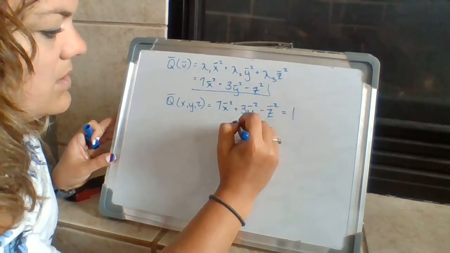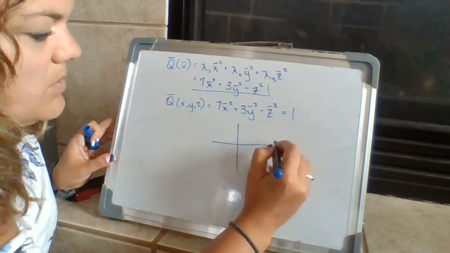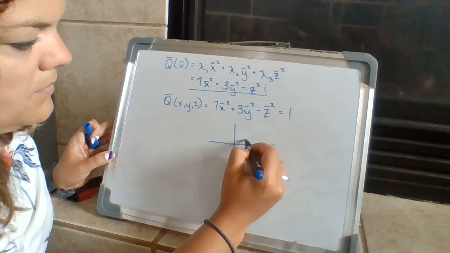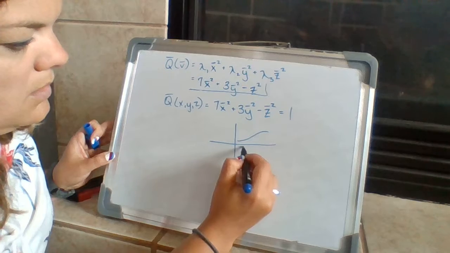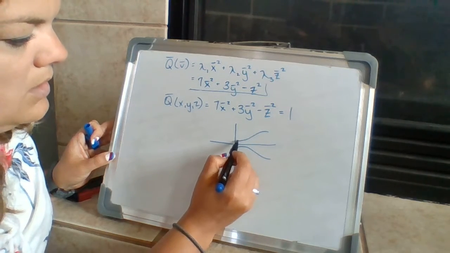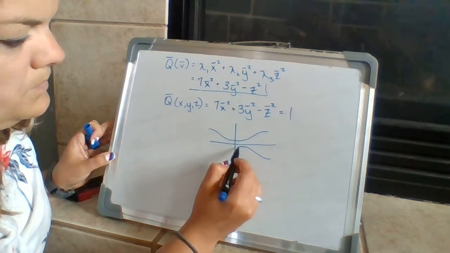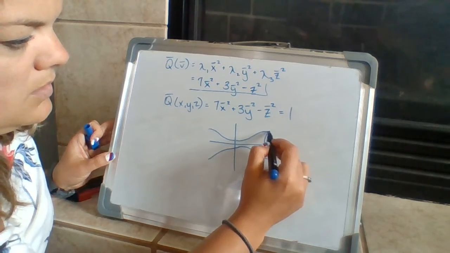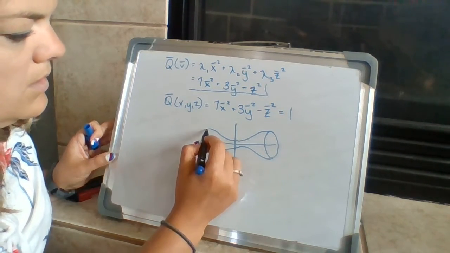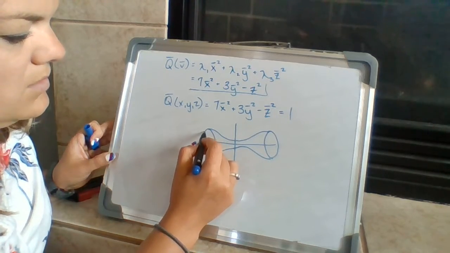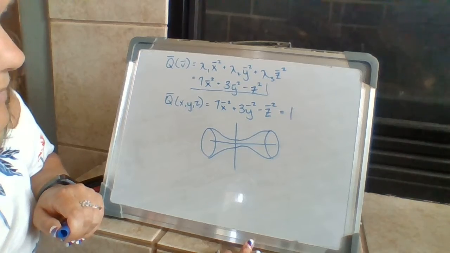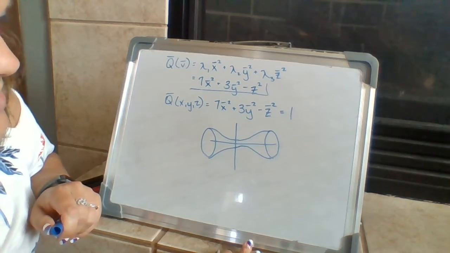This is going to be an absolutely awful drawing, especially because it's not accurate, but essentially a hyperboloid of one sheet kind of looks like two cones that are connected in the middle, and it's going to be rotated.